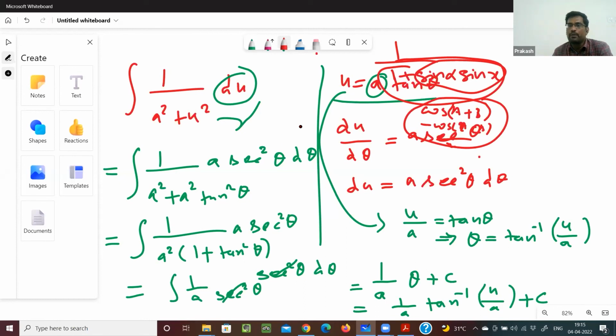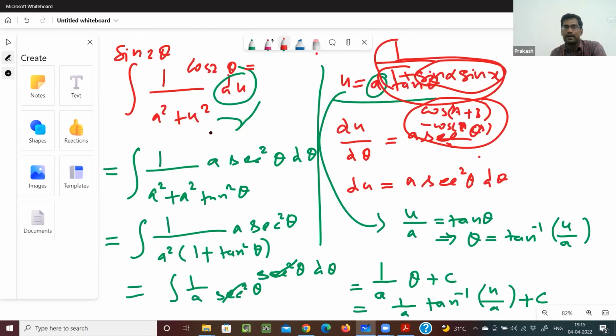That you need to check, because these types of identities are available, like tan 2 theta is already available. I even saw them for sine 2 theta and cos 2 theta also. For 1 by 1 plus sine alpha into sin x, it is available. If you check, you can easily evaluate that integral.